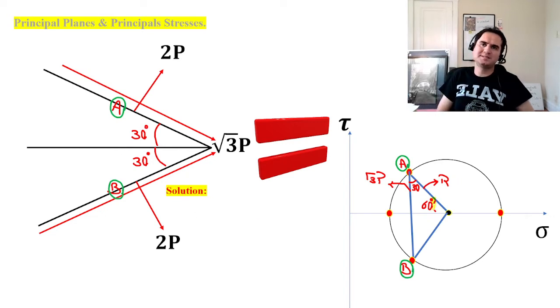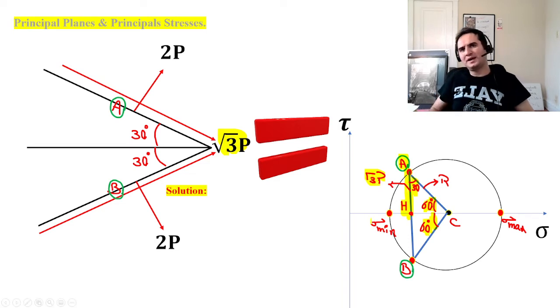If this is 30 degrees, it is translated by double in a Mohr circle, so that's 60 degrees as well. If this is 60, this is 90 degrees, so that should be 30 degrees. We do know that AH, which is the height of plate A, is exactly the amount of shear stress, so that's square root of 3 times p.